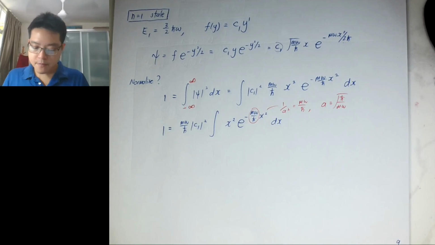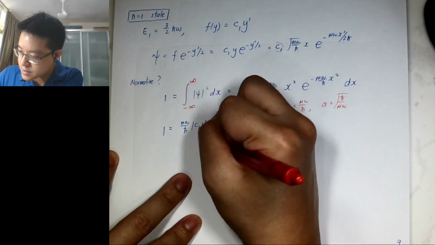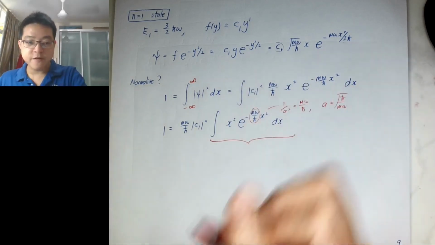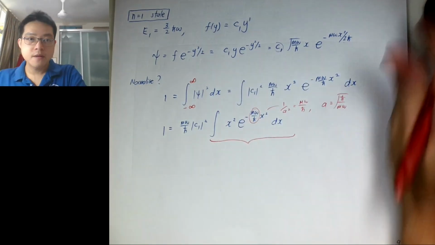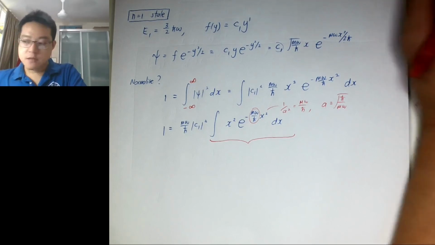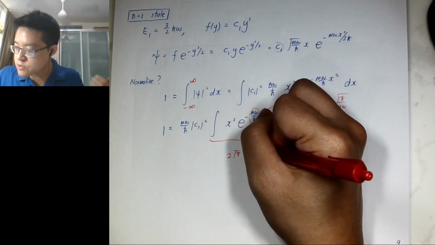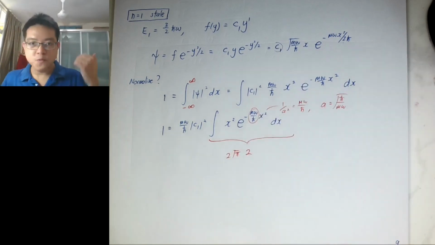Okay, so what is this integration now? According to the integration formula, this is my a, it is 2 root pi, 2n over n factorial, but n is 1. So it is 2 root pi, and 2n over n factorial is just 2, right?